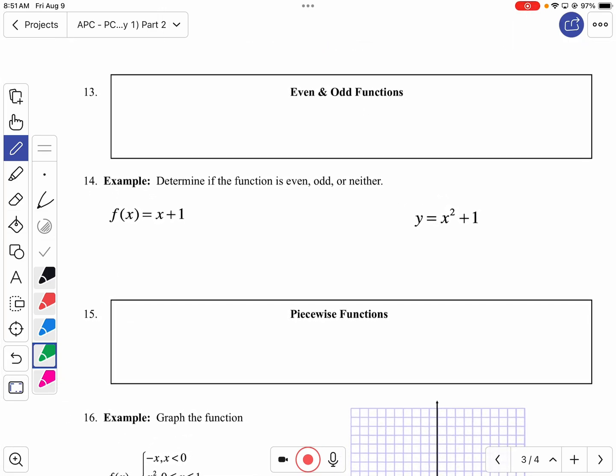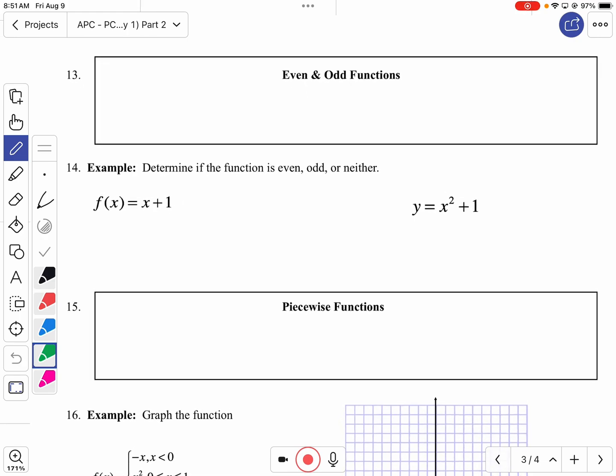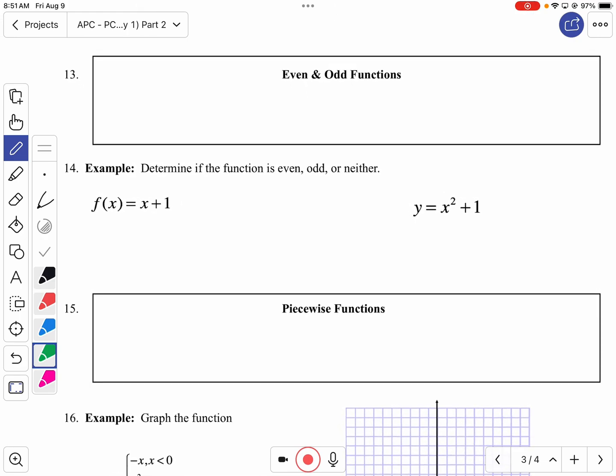Okay. Alrighty. So let's jump in here and look at a little bit more algebra. Even and odd functions. AP is very specific about how they will accept even and odd functions. It's almost always algebraic in proof. In pre-cal, we got the privilege of being able to look at it graphically. But remember, even functions graphically look something like this. They're symmetric about the y-axis.